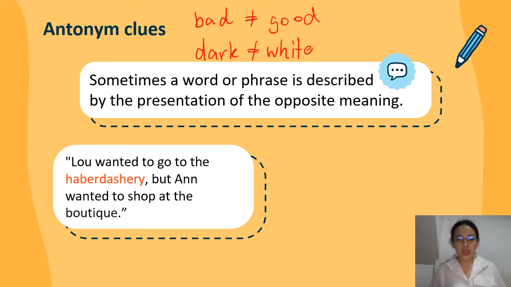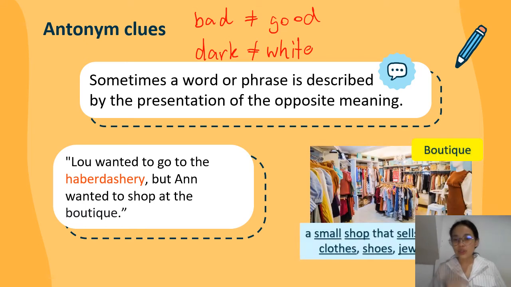Lou wanted to go to the haberdashery, but Anne wanted to shop at the boutique. The boutique is a small shop that sells clothes, shoes, and jewelry. Can you find a word that shows contrast? If I say the word contrast, it's opposite.